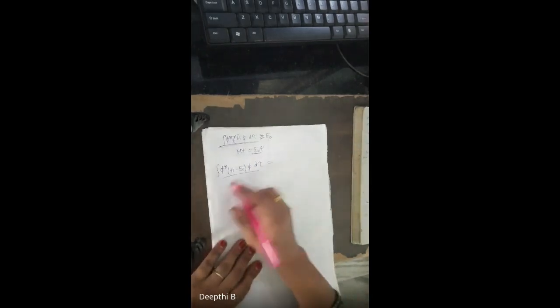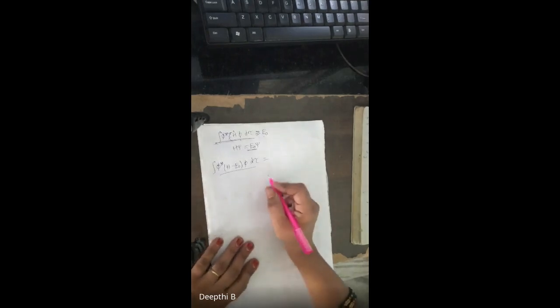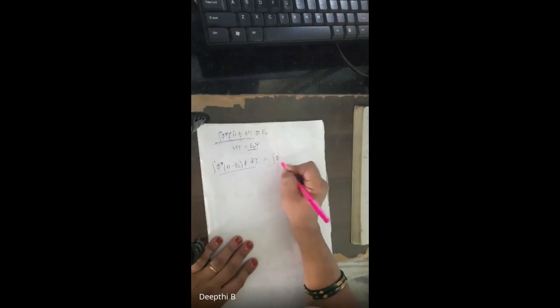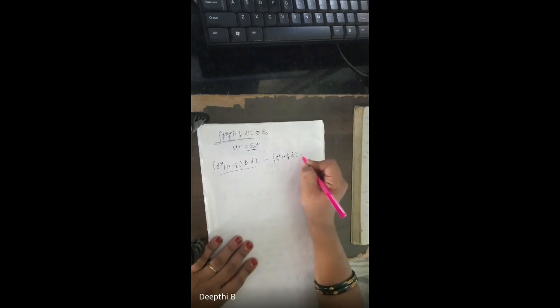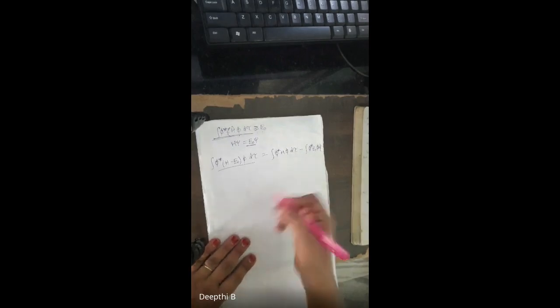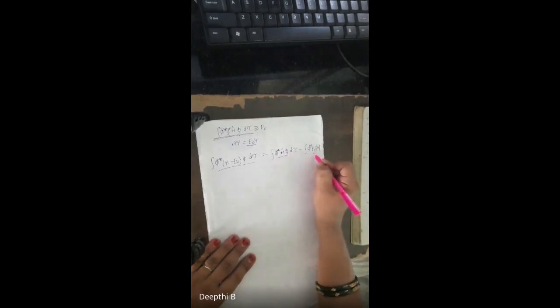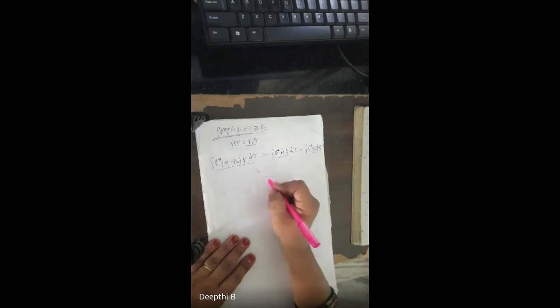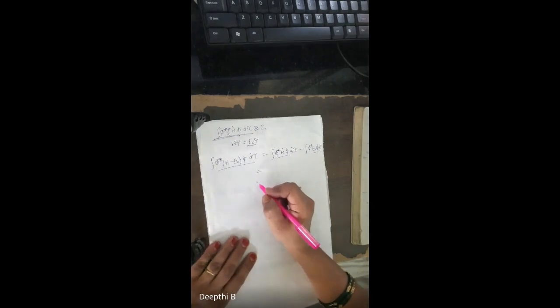Okay, so how will we solve it? This is equal to, first we open the bracket, integration of phi star h phi d tau minus integration of phi star E naught phi d tau. Now we know that h is an operator and E naught is a normal energy value, so there is no change in that integration.